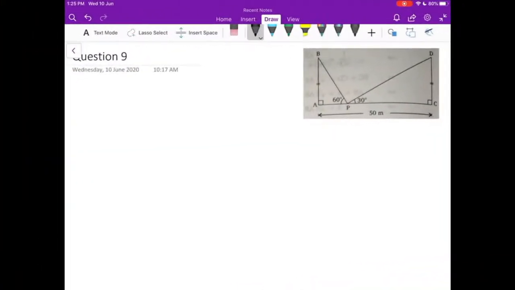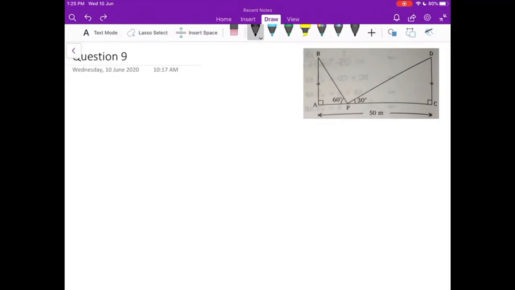Question number 9. Now going to question number 9, here is the diagram. Now the question is telling you find the length of AB. Now if you look at the diagram, AB is here, this part you can see on the extreme left, and it is marked in the diagram that AB and your DC on the other side, they are equal, and the lower base full from here to there is given as 50 meter.